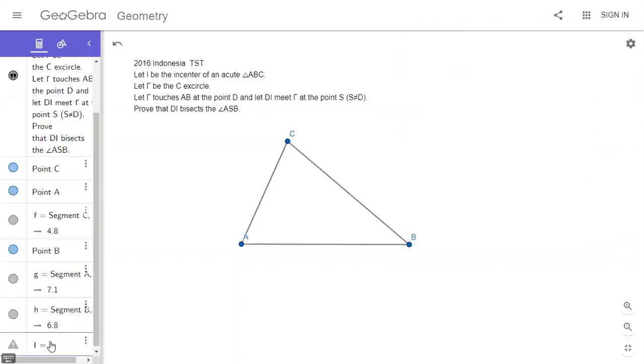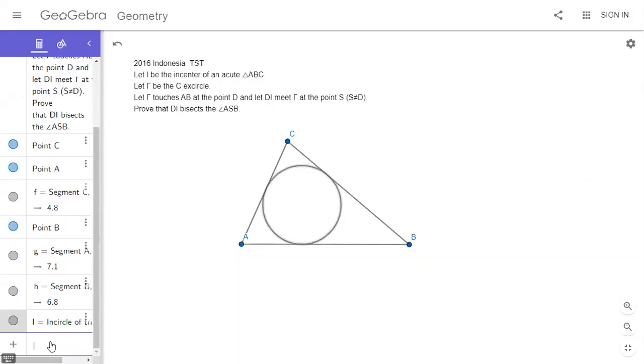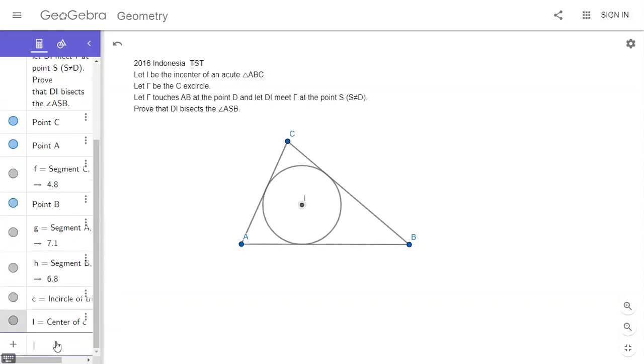So I is the incircle of ABC. Let me rename this C. There we go.